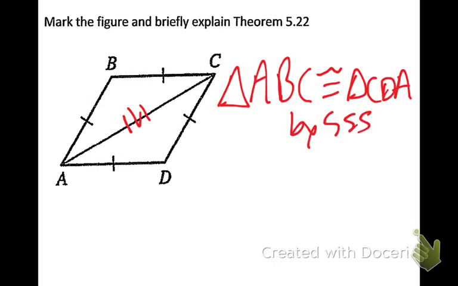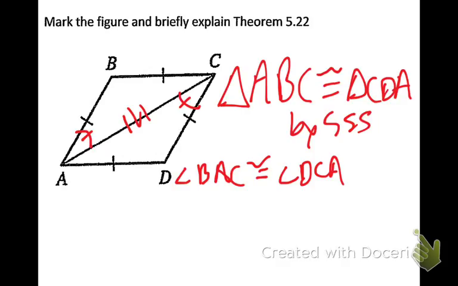Then we have congruent angles by CPCTC. For example, we could say BAC is congruent to DCA by CPCTC. So angle BAC is congruent to angle DCA by CPCTC.